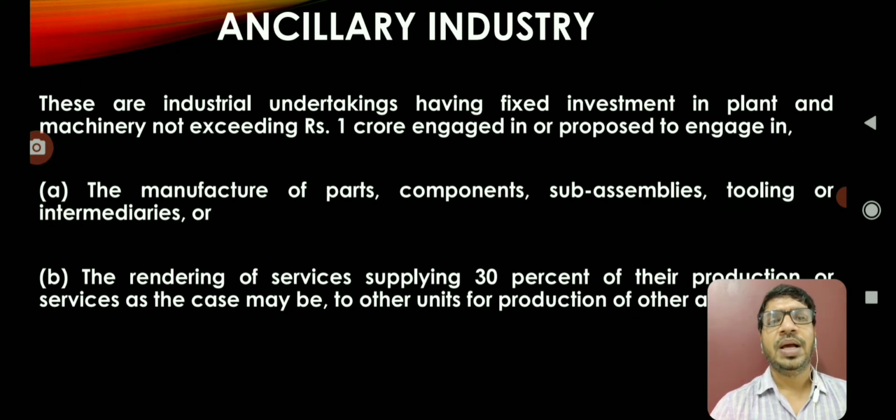Now, these are industrial undertakings having fixed investment in plant and machinery not exceeding 1 crore, engaged in or proposed to engage in the manufacture of parts, components, sub-assemblies, tooling or intermediaries. This is there in the first slide also.